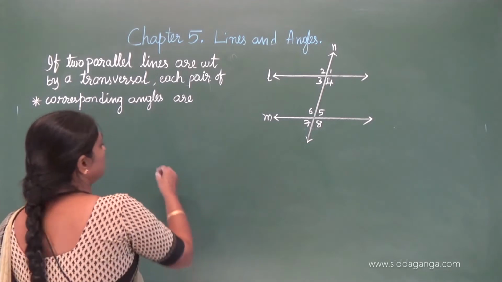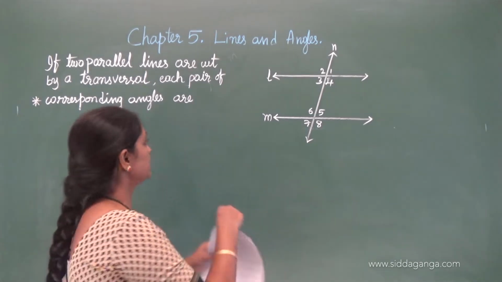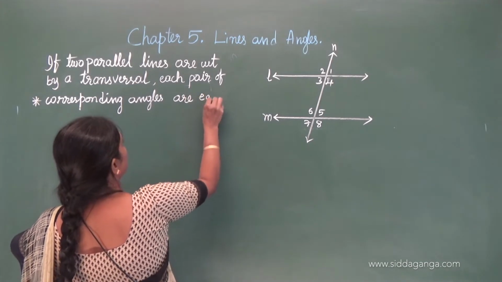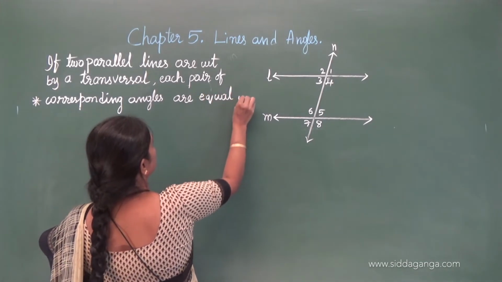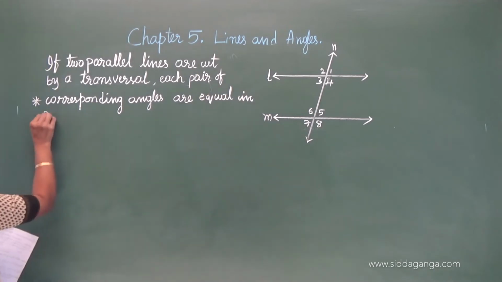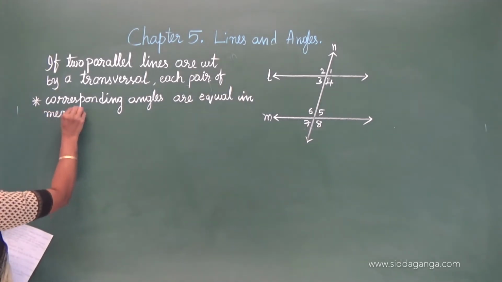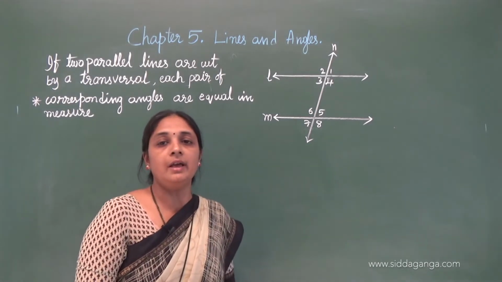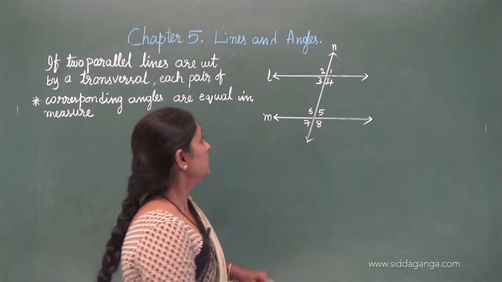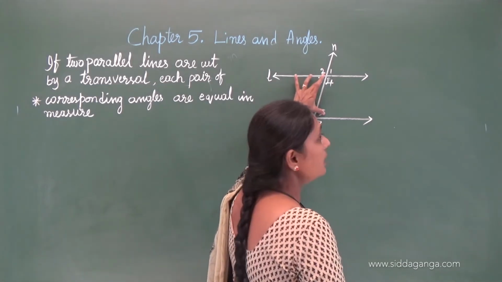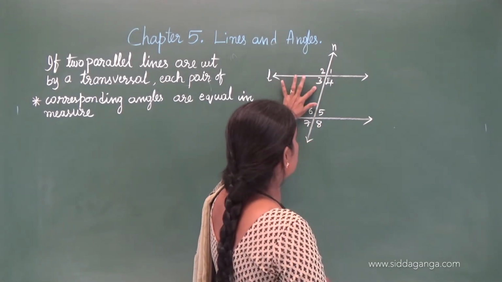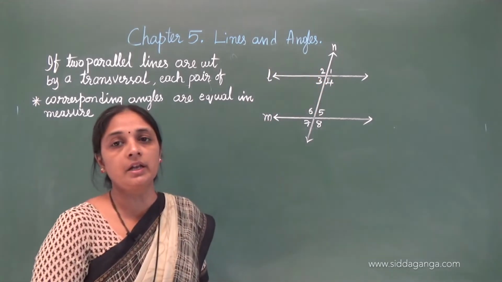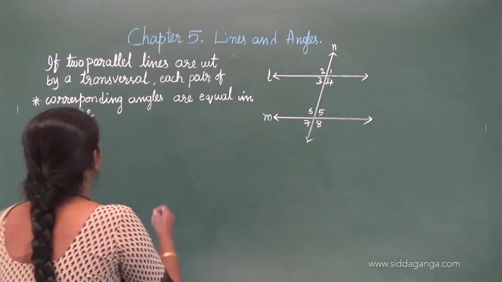Corresponding angles are equal in measure. And what is the second type of angles which are equal to each other? They are the alternate interior angles. Here we can say 3 and 5, 4 and 6 are the alternate interior angles.